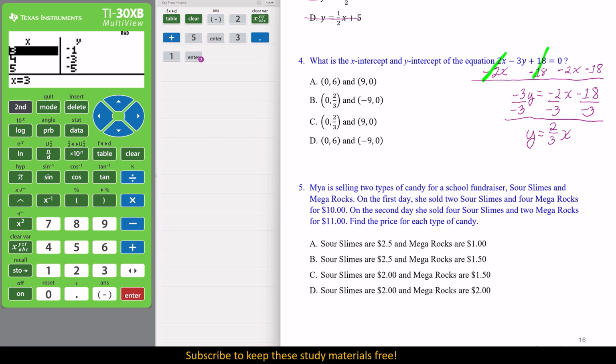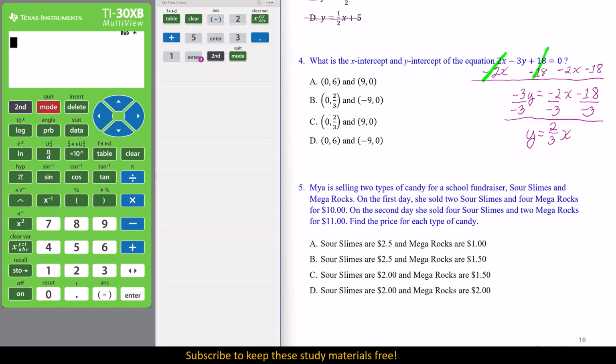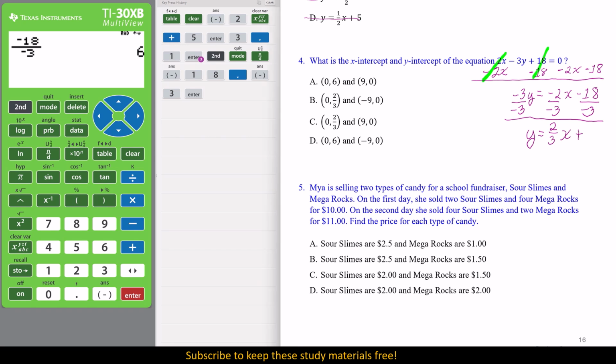And if you can't quickly see this last term, go second mode, set up your fraction, and I'm going to say negative 18 over 3. It's always best to do this during a test. And that's a 3, by the way. Poorly written 3, right? Okay, push enter, cleans it up as a plus 6. Okay, yes, that is a very poorly written negative 3. Let's see. Ah, that's a little better.